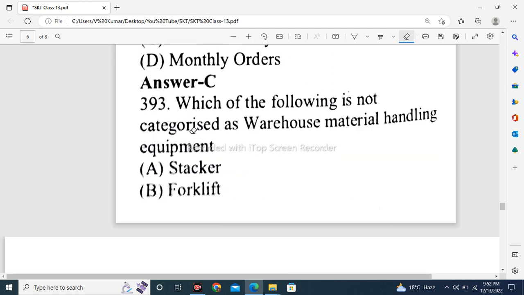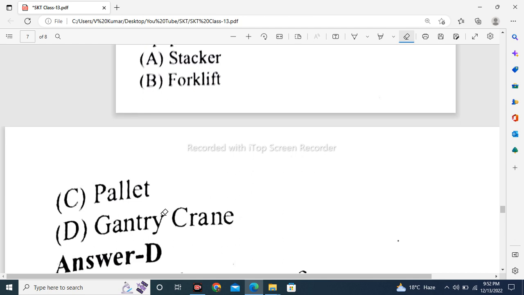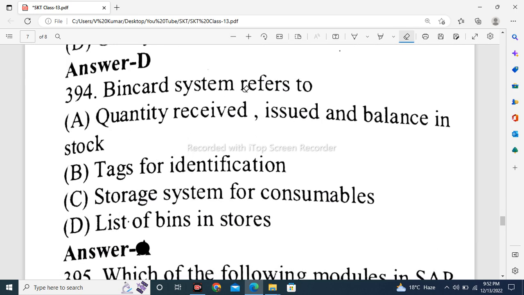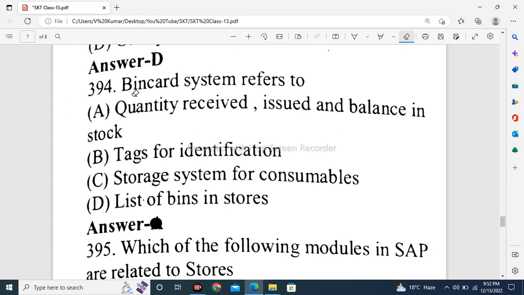Which of the following is not categorized as warehouse materials handling equipment? gantry crane इसमें नहीं आता है. नेक्स्ट है bin card system refers to, A. quantity received, issued and balance in stock. Bin card system refers to quantity received, issued and balance in stock.